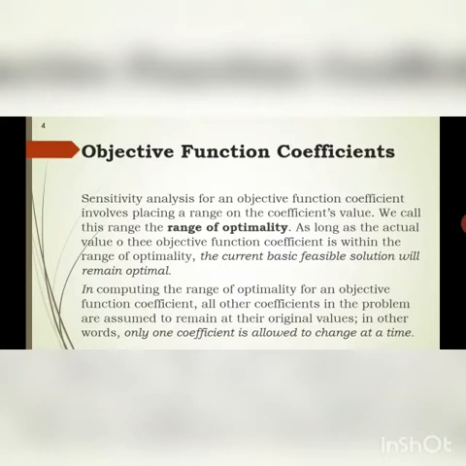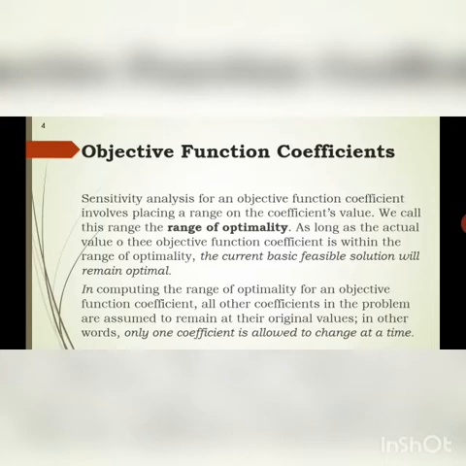The range of optimality for a basic variable defines the objective function coefficient values for which that variable will remain part of the current optimal basic feasible solution, while the range of optimality for a non-basic variable defines the objective function coefficient values for which that variable will remain non-basic.